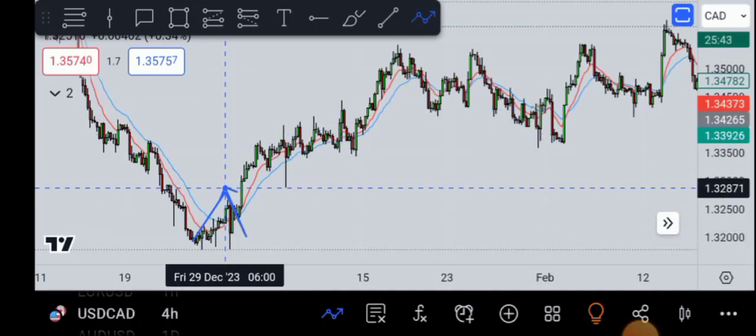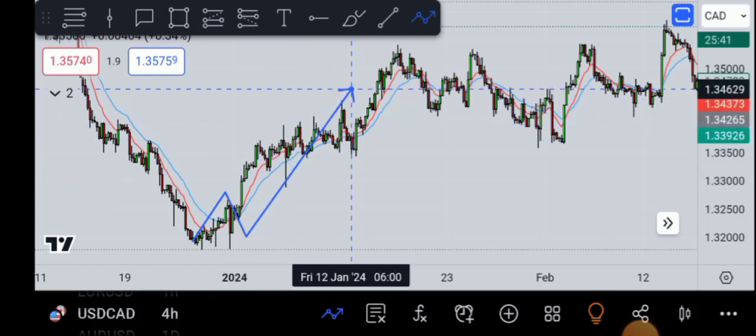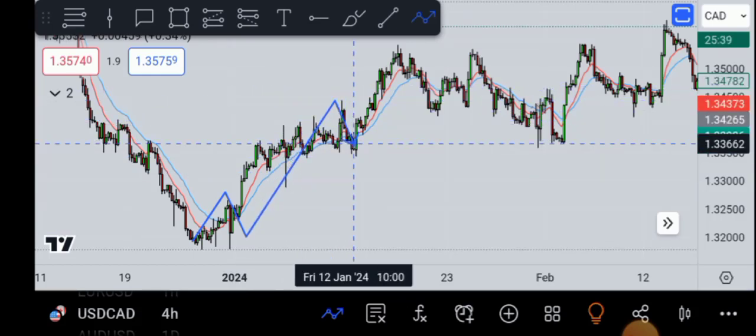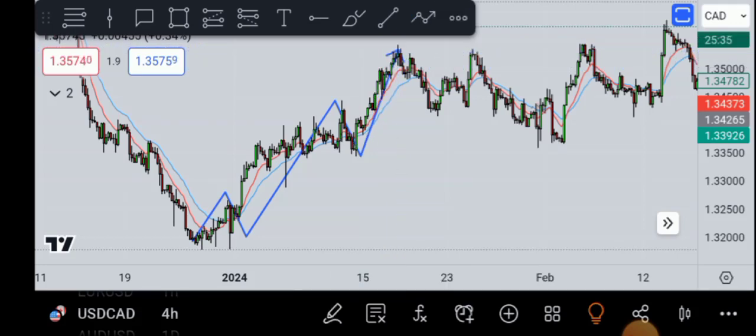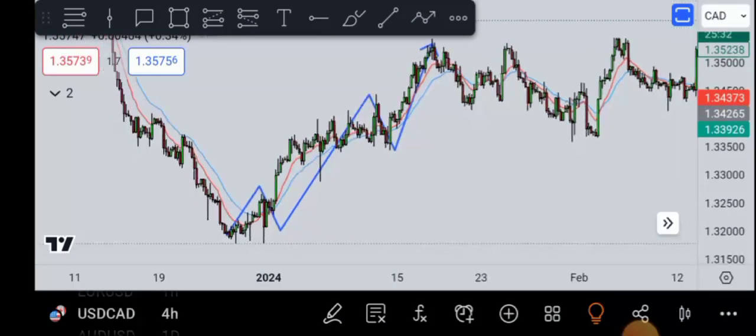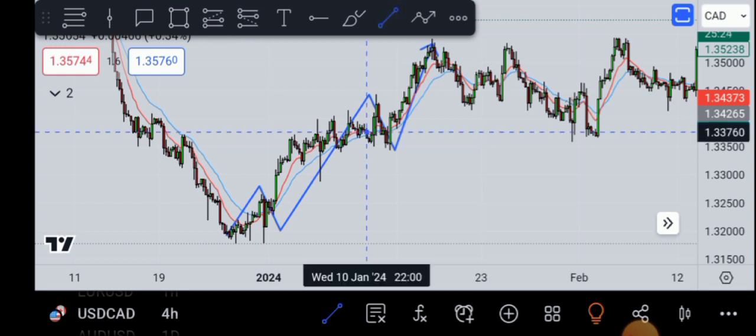It came from here, went up, came down, and then moved up to this place. Came down to this place and moved up to this place. Now we can see that this is a dynamic support. It's actually a trend line, and price moved along a dynamic support.